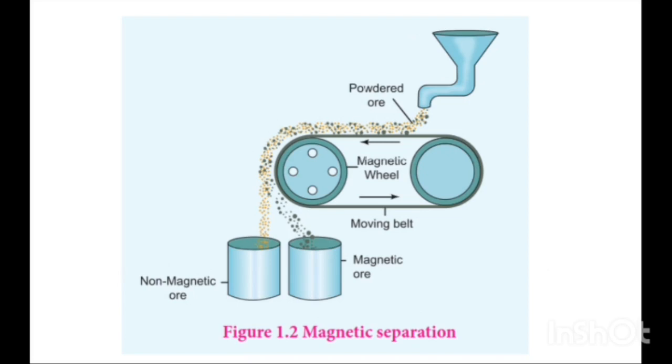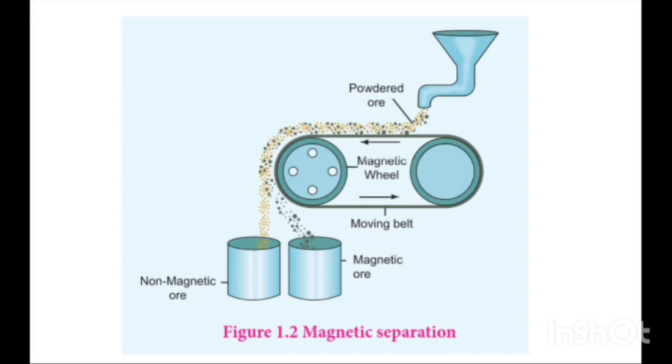Because of the magnetic property, the contaminants, either the gangue or the ore which has magnetic property, fall a little farther after disconnection from the magnetic wheel and are collected in the right side container.